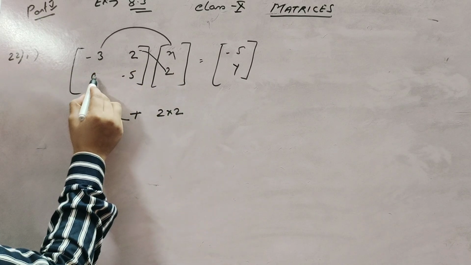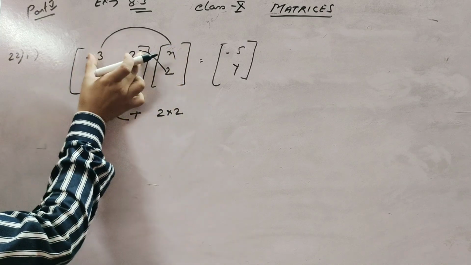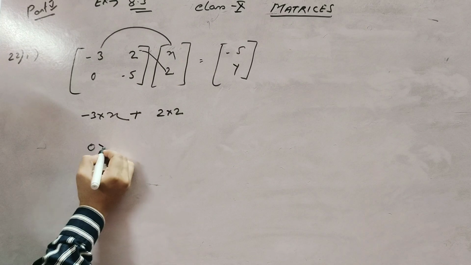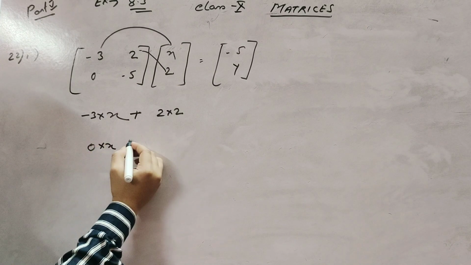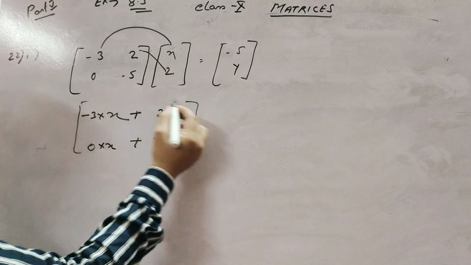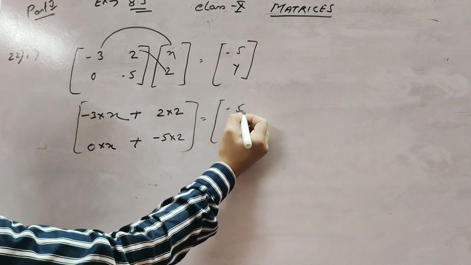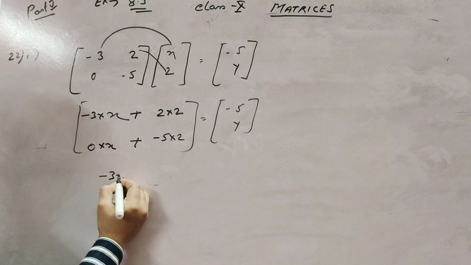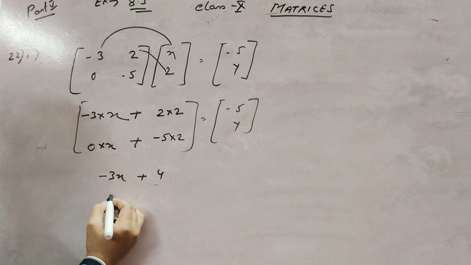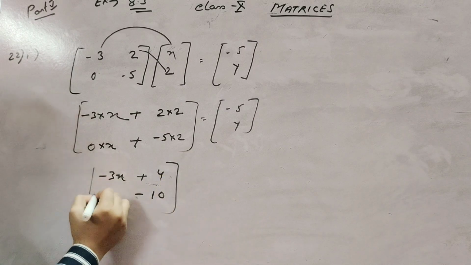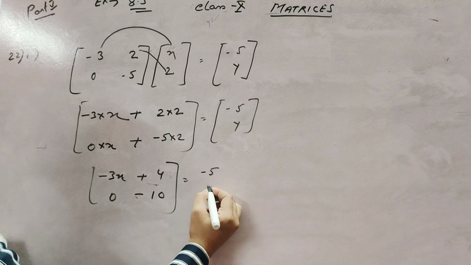Now the turn for the second row, because the first row is over: 0 into x plus -5 into 2, equals to -5 and y. So -3x plus 4, and 0 plus -5 twos are -10, equals -5, y.